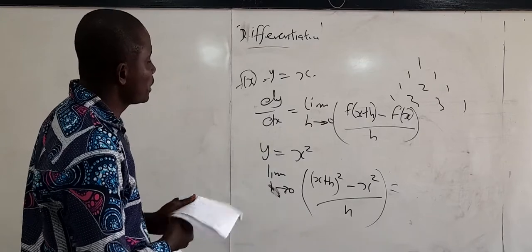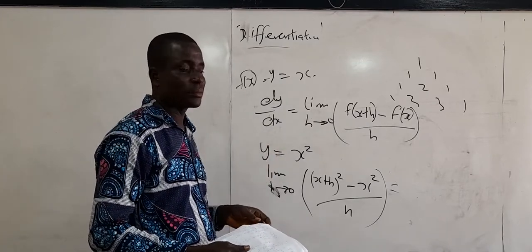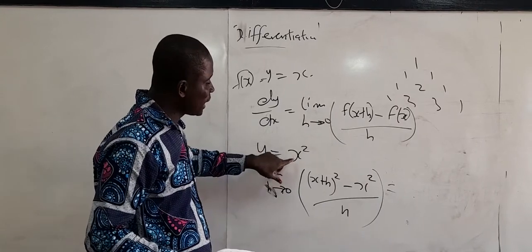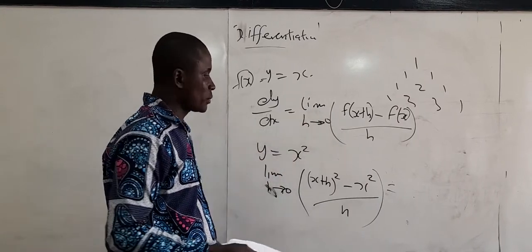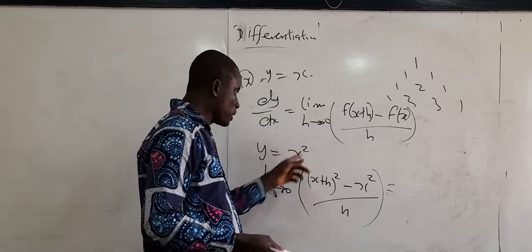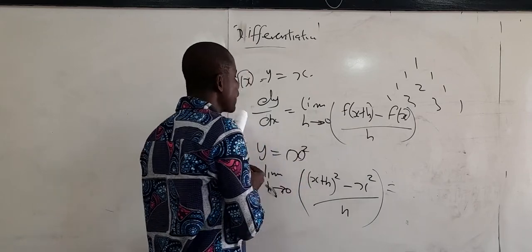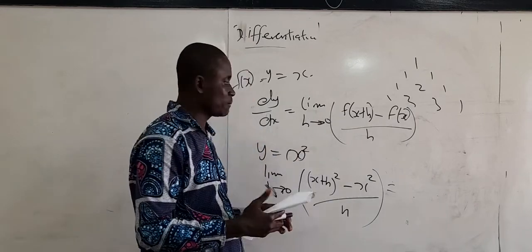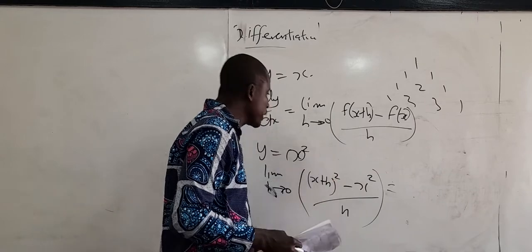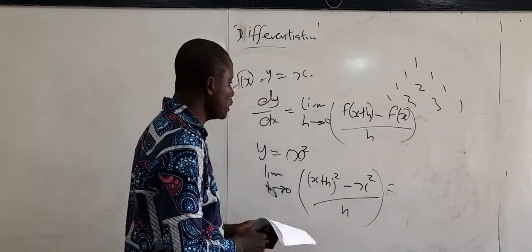I'm repeating. You write this x, then plus h. Instead of writing x alone, you attach h to it, then you bring the square there, then minus the original expression, all over h.